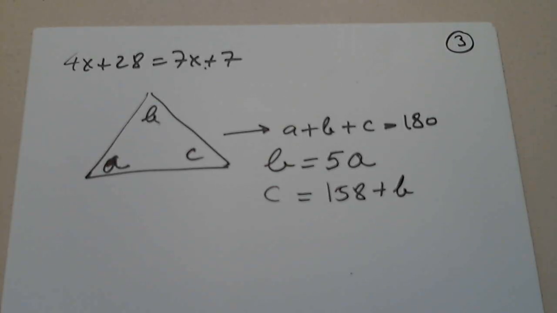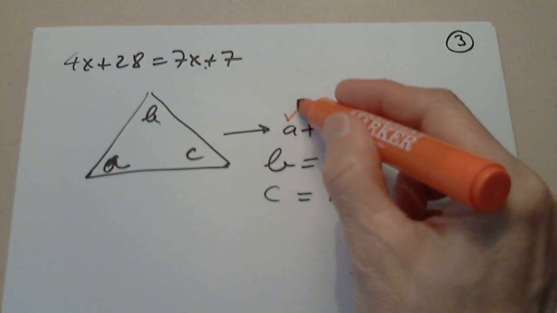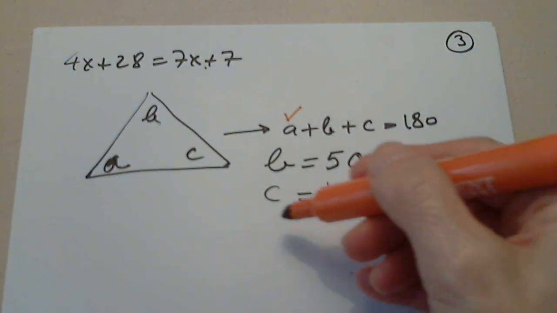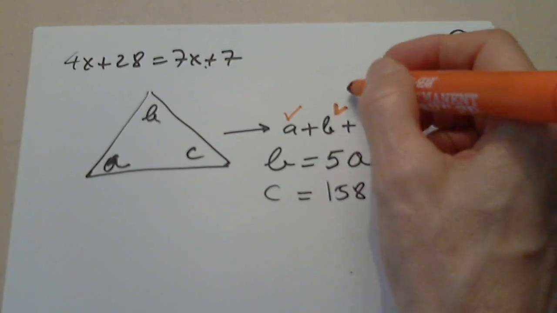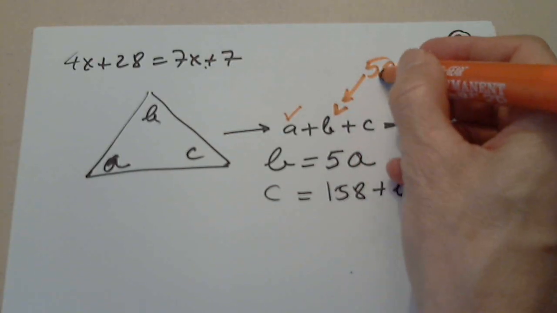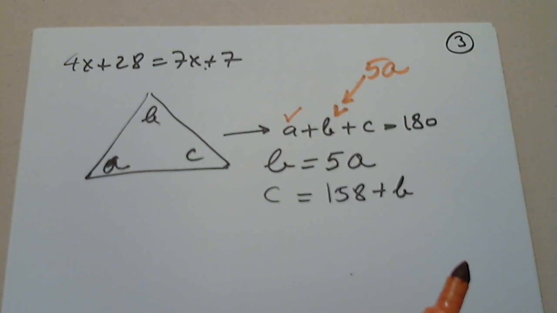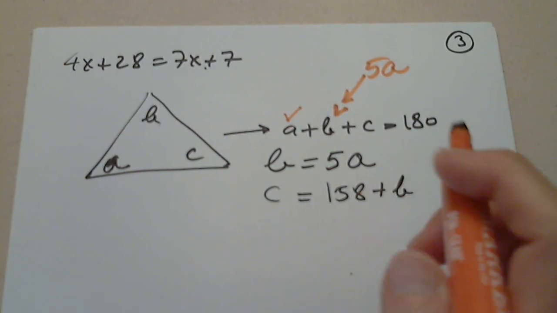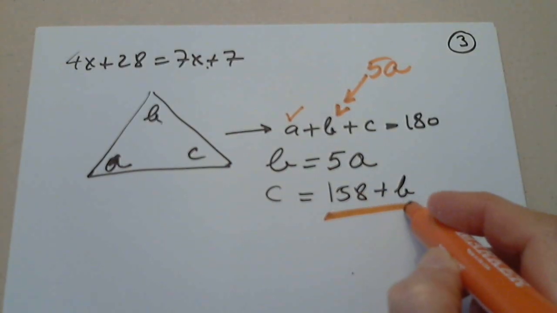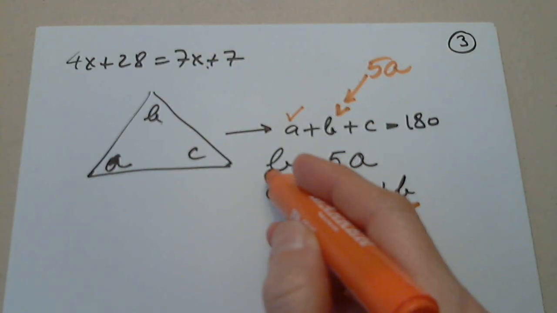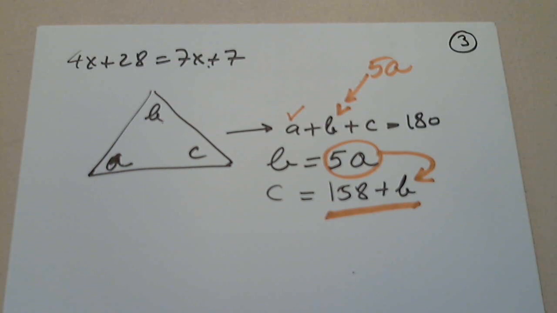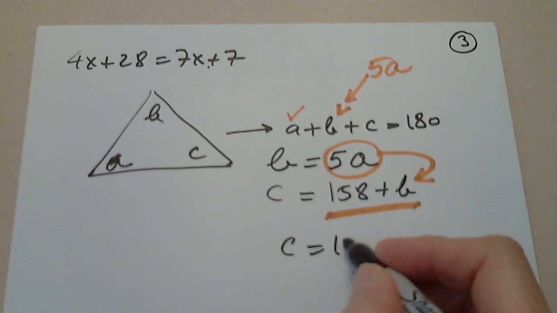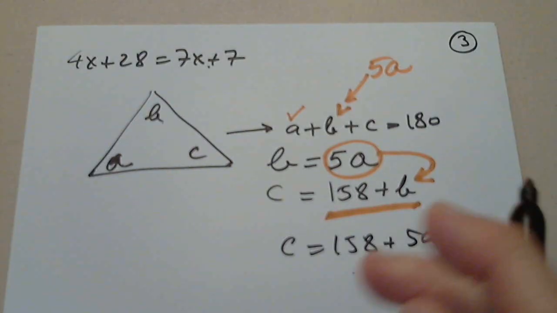A is A. I don't have any information about A. B is nice because I will replace it by 5A. No problem. But C is 158 plus B, but B has to be replaced by 5A in here. So that's my first step. I have to rewrite C. So C equals 158 plus 5A.